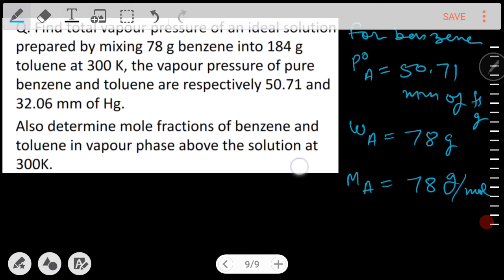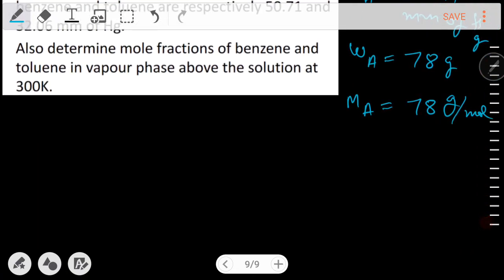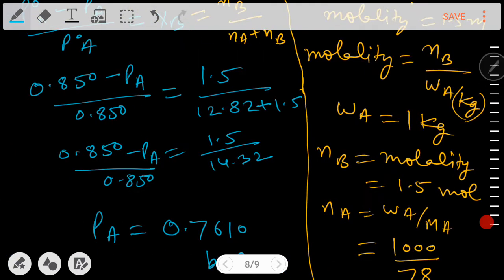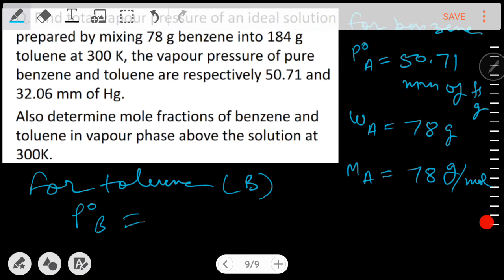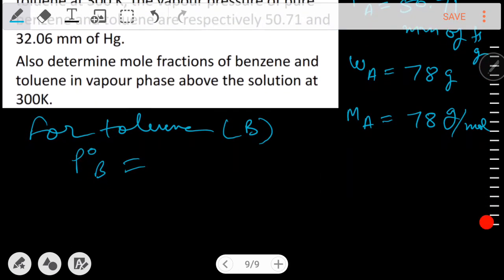Now come to what things are given for toluene. For toluene, which I am taking symbol B, P naught B is given 32.06 mm Hg.